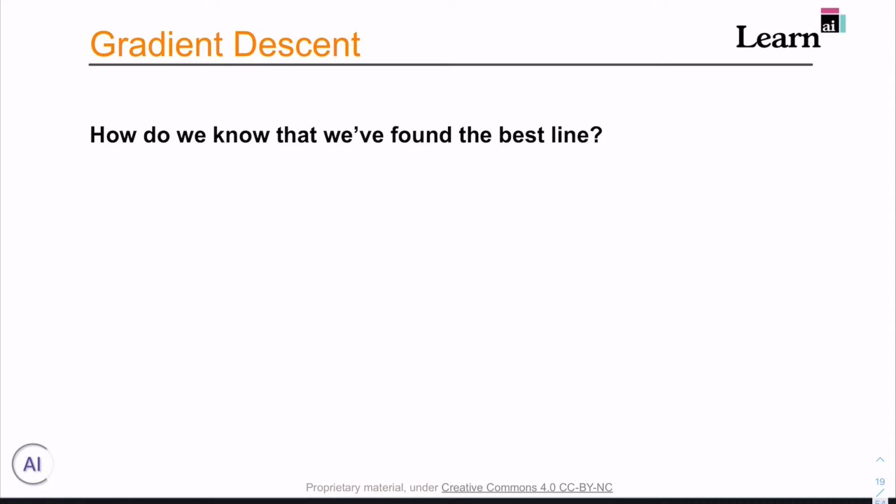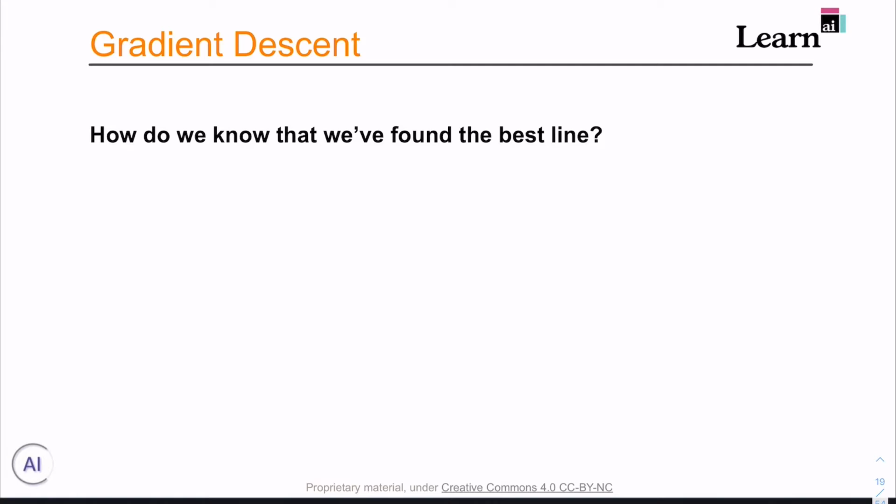So how do we know we found the best line? Hypothetically, we're thinking in terms of cost now. We know that the best line has the least amount of cost, because it's the closest fit, which means that all of those residuals are the smallest given our squared error. So how do we know that we found that?